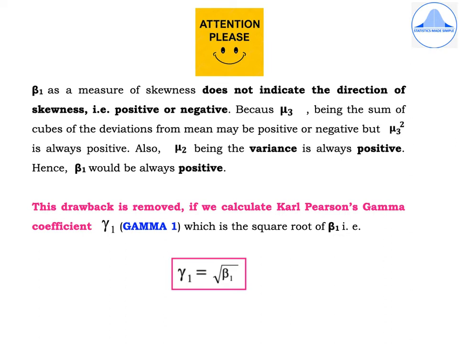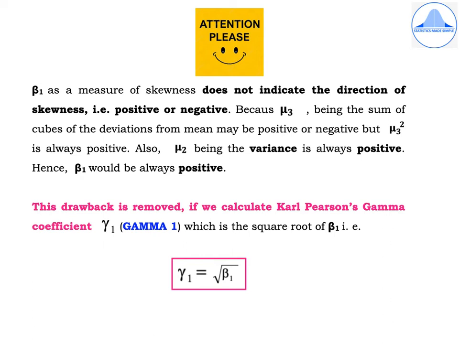I will now give a short explanation about beta 1. We just now discussed that beta 1 is the third measure of skewness, which is based on moments. This measure does not indicate the direction of skewness, that is whether the distribution is positively skewed or negatively skewed.